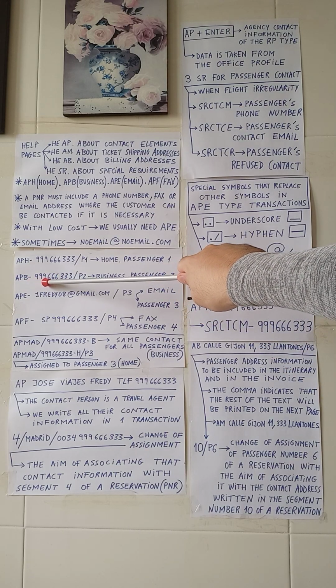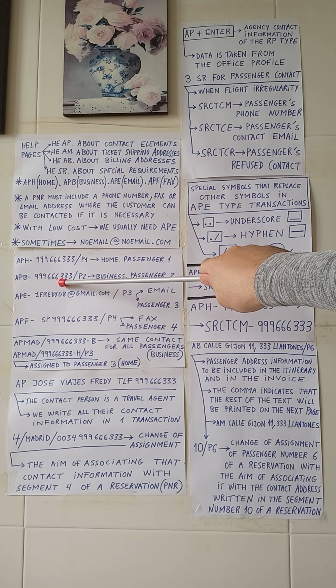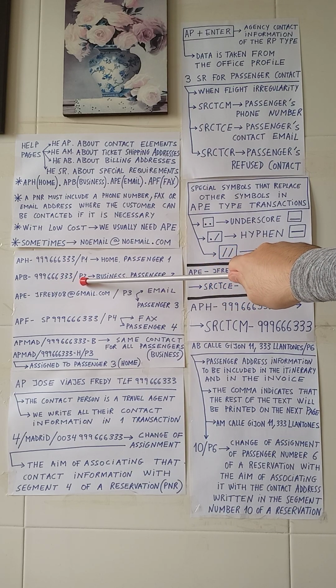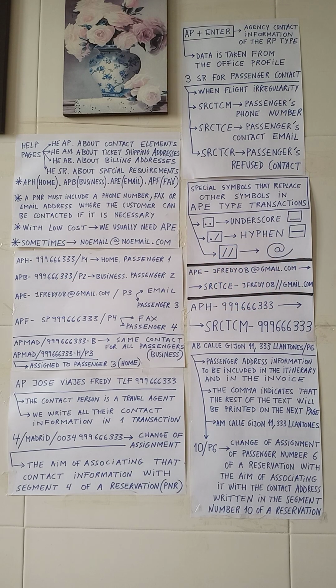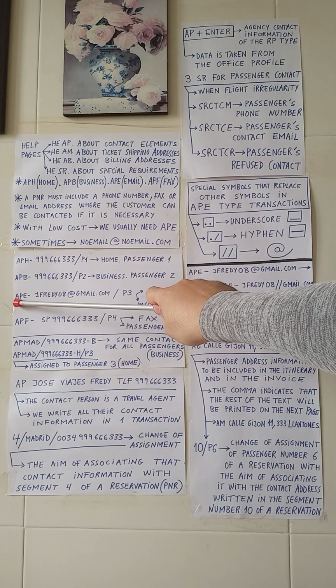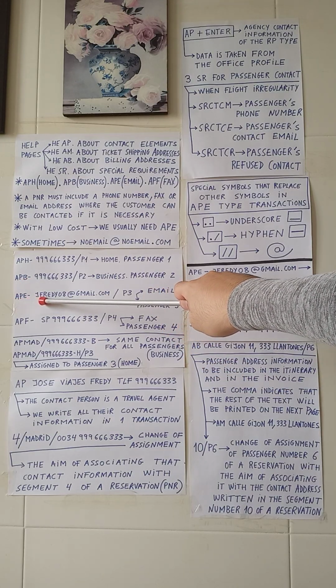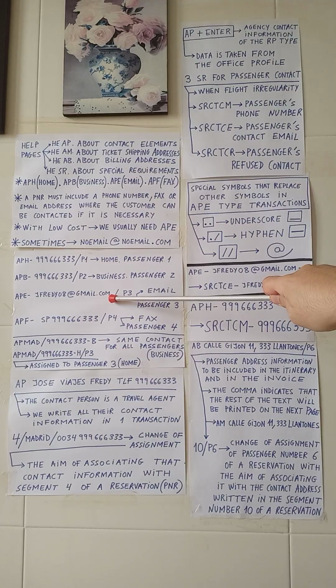APB space 999666333/P2 allows you to enter the work contact phone number of passenger number 2 of a reservation. Another one is APE space and this email address /P3 allows you to enter the email address of passenger number 3 of a reservation.